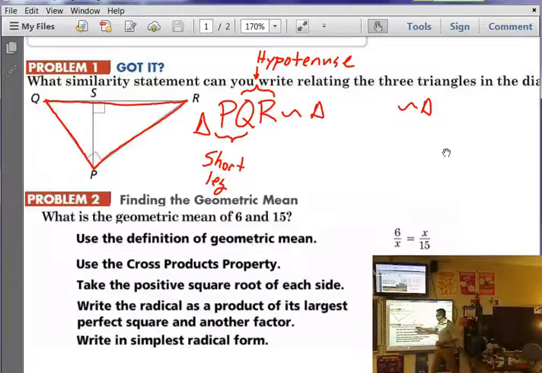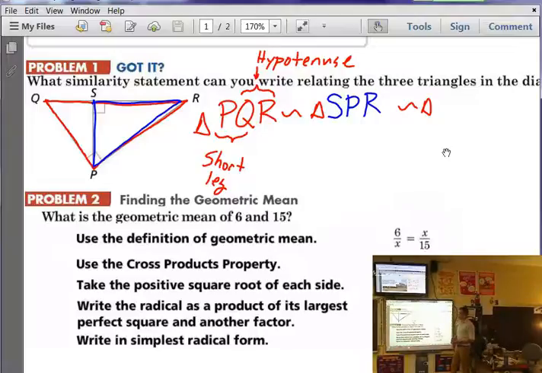SPR, so you chose this triangle. So you started at your right angle, took your short leg, and then took the hypotenuse. And my last triangle that I would put there.